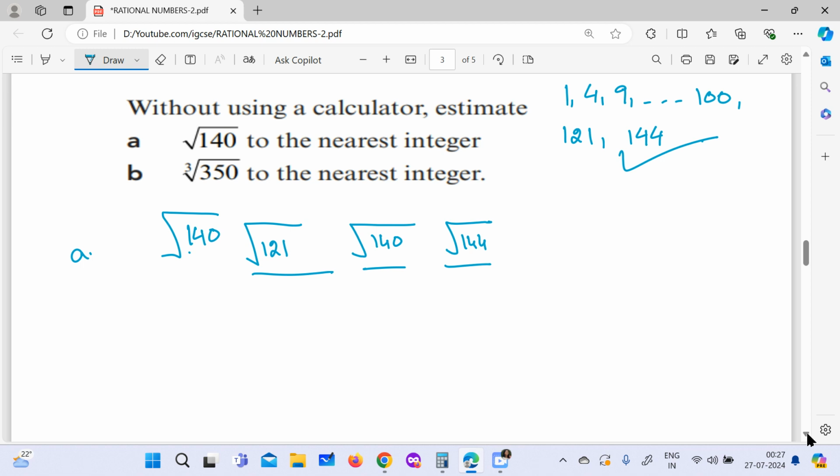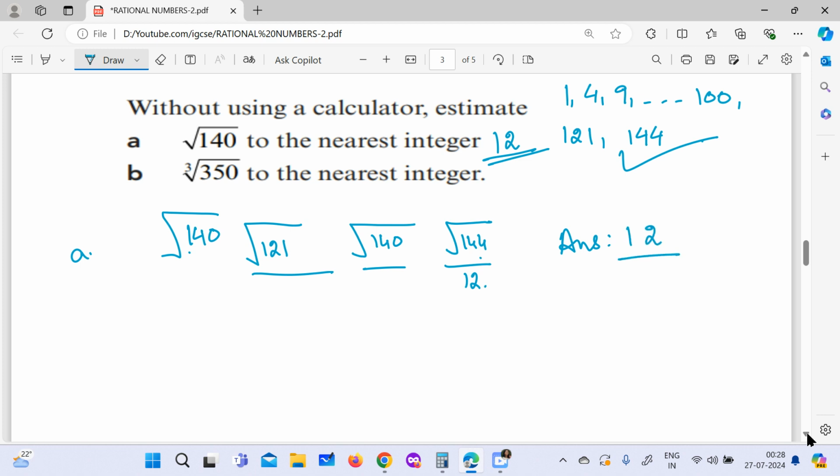So see here, 140 is very close to 144. 121 plus 19 will give you 140, but 140 plus 4 will give you 144, so here the gap is very less. So we will say that square root of 144 is 12. So square root of 140 to the nearest integer, the answer will be 12. So this is our estimate. I hope you can estimate easily now.